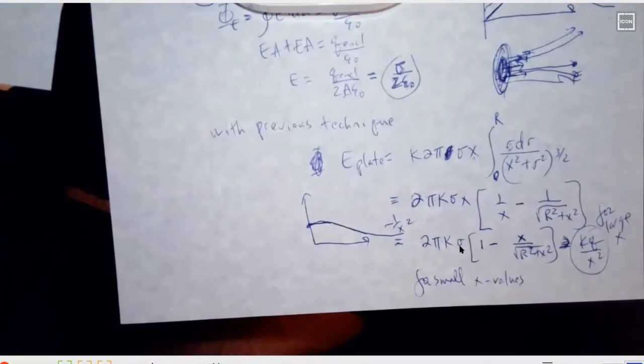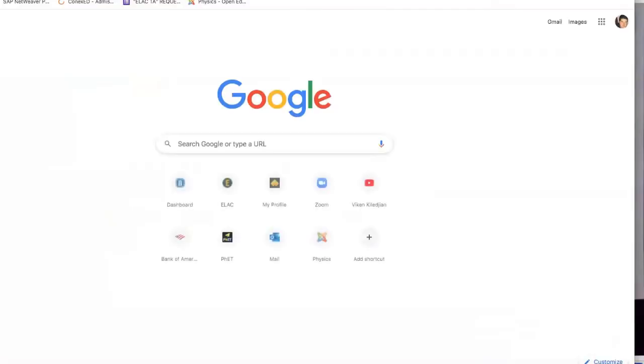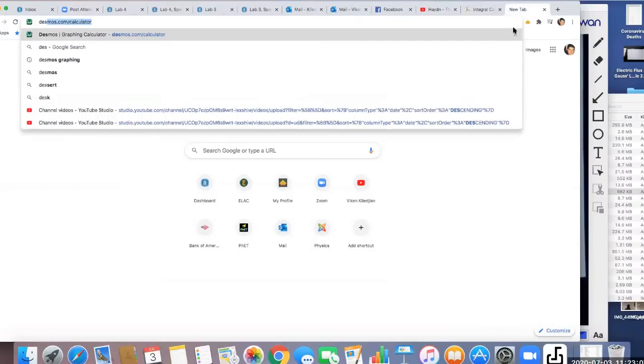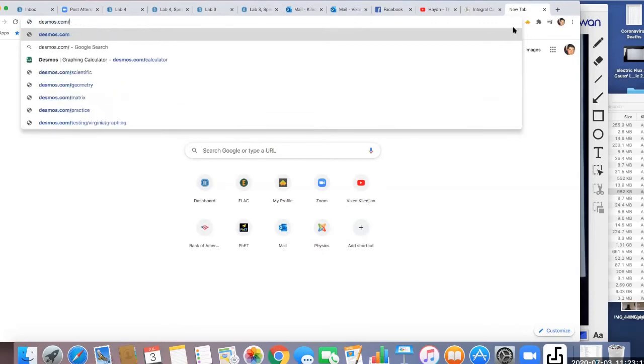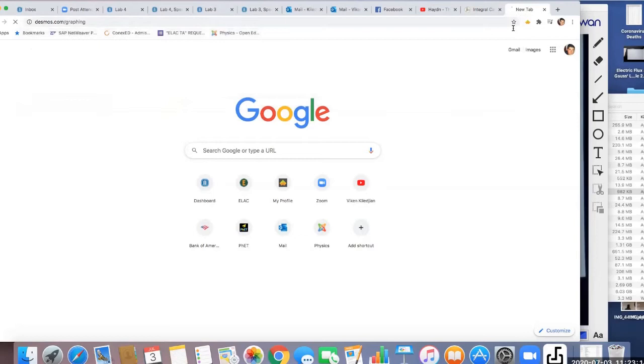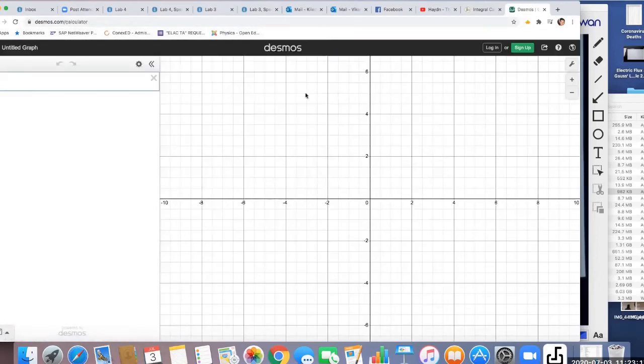2 pi k sigma. Let's go to Wolfram plotter. No. Oh, Desmos, yeah, Desmos. We haven't used that for a while. Okay. 2 pi k sigma.